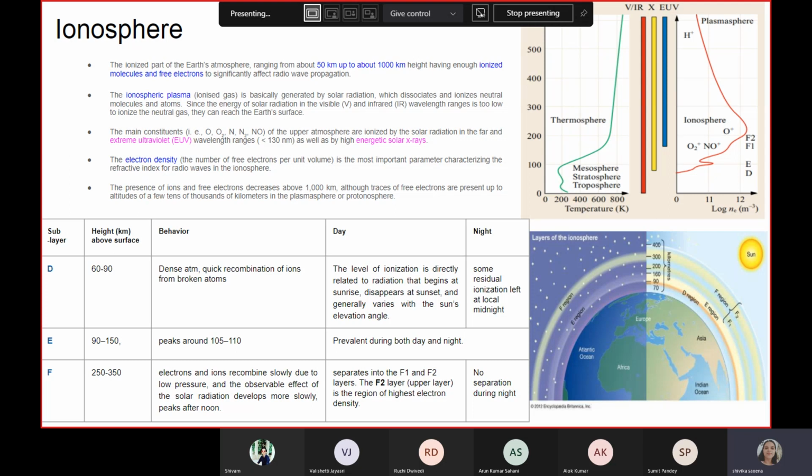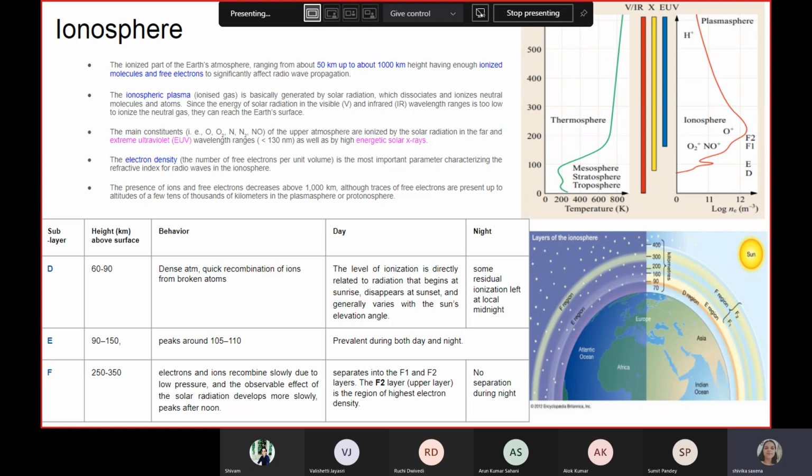While X-ray and extreme ultraviolet rays affect at different heights. While interacting with the higher atmosphere, they are absorbed by these neutral molecules, and these molecules break into charged particles, ions. So the energy in these two wavelengths, X-rays and extreme ultraviolet rays, is being utilized to produce the ionosphere.